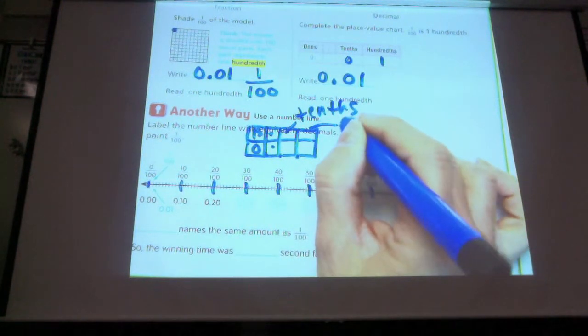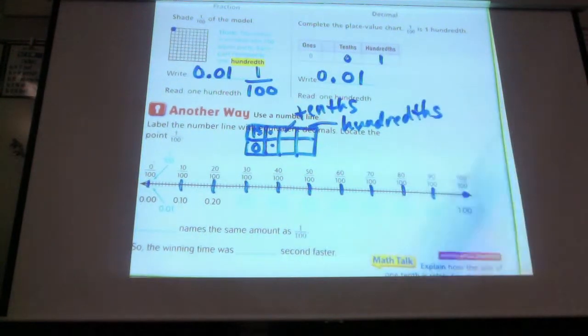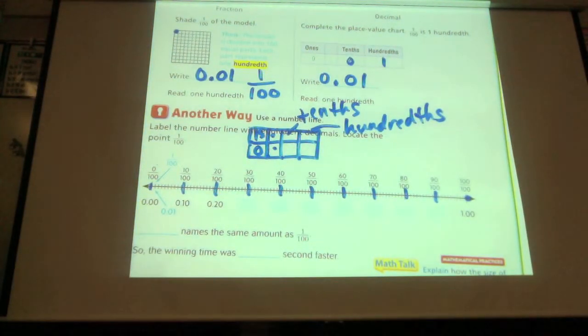And here's our hundredths. When we get to the 10 hundredths, think about when we did our place value. If we had 10 ones, did we put the 10 in the ones place? No, we put a 0 in the ones place and we put the 1 in the tens place.